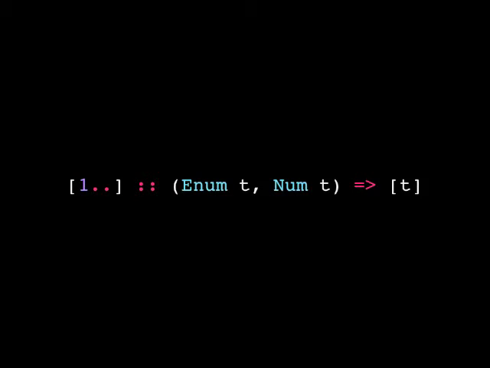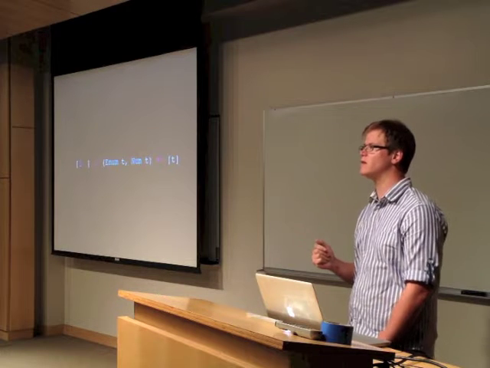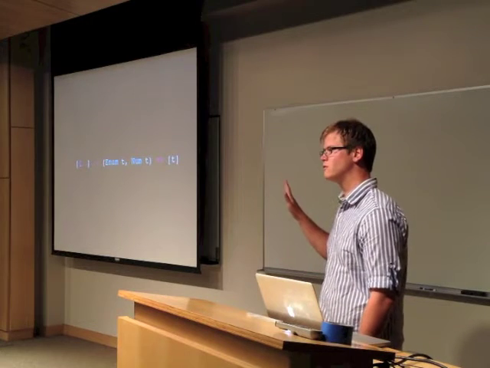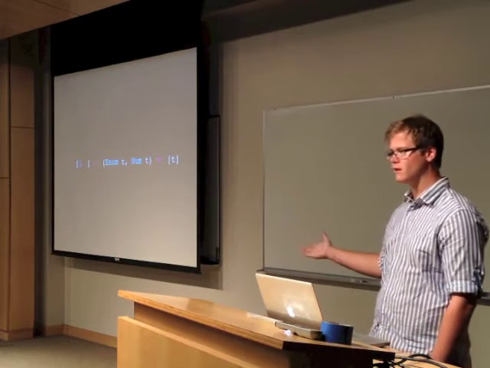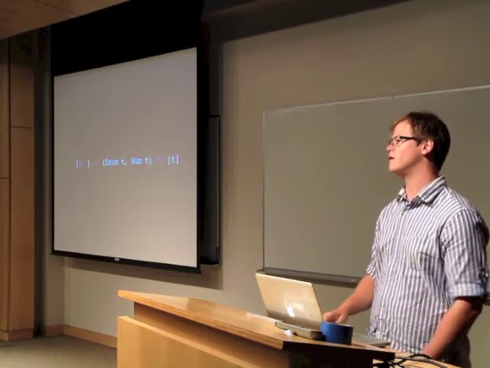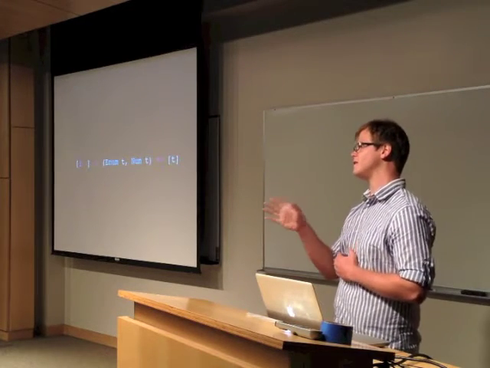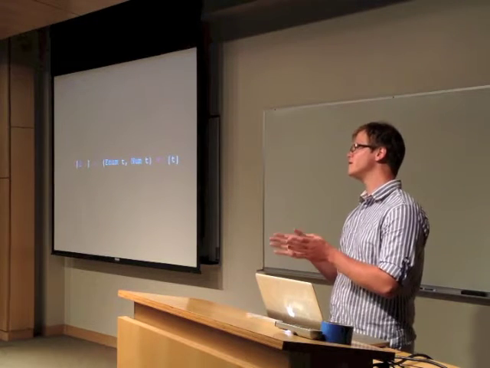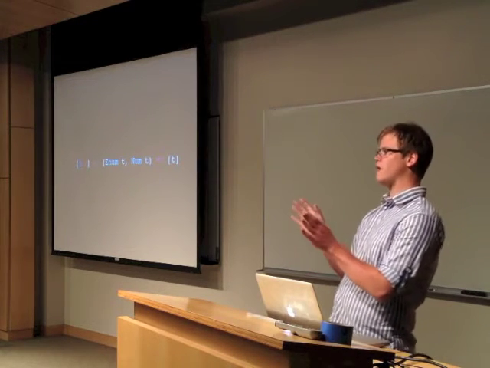Here's something cool. It's 1 dot dot. What I'm saying is, okay, Haskell, I want a list that goes from 1 to infinity. And Haskell's like, cool, I can do that. Not a big deal, right? This is the signature that it's providing, and it's a little bit more complicated, but it figured this out for me.